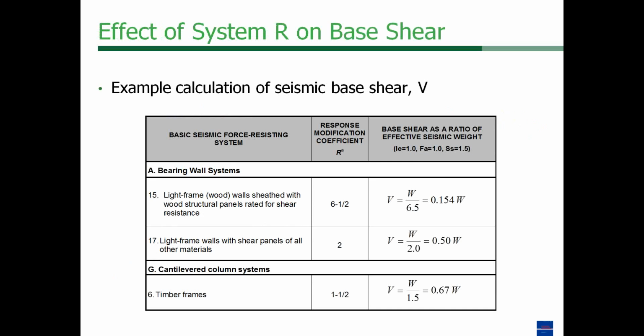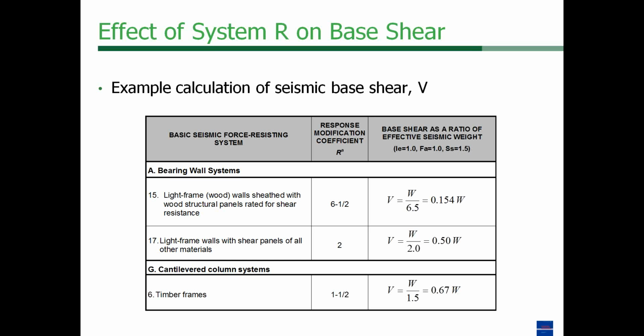So now, using that base shear equation in this table, it allows us to show a simple example of the impact of different R values on the base shear. For a structure with light frame shear walls sheathed with wood structural panels, the R factor is 6.5, and using that equation we just looked at previously, we can calculate the base shear.